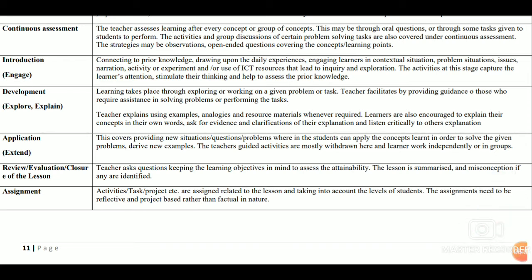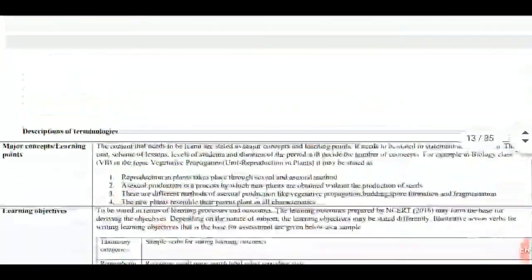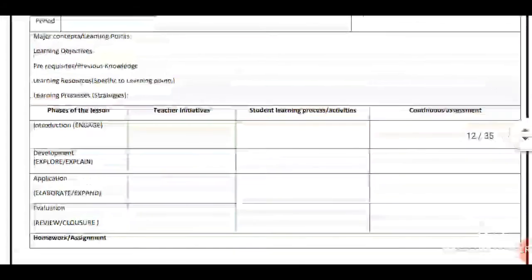For the assignment part, we need to provide something that will make learners think, that will enable them to think, and that will require creative skills as well. Such activities or tasks or home assignments can be provided at the end of each class. So that is all about the format of a lesson plan.